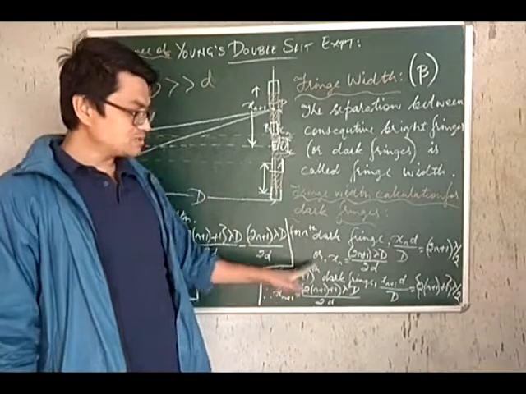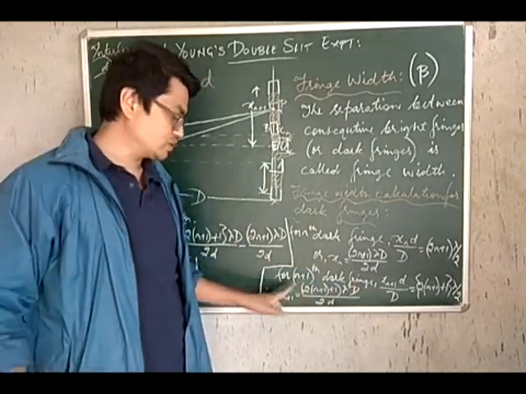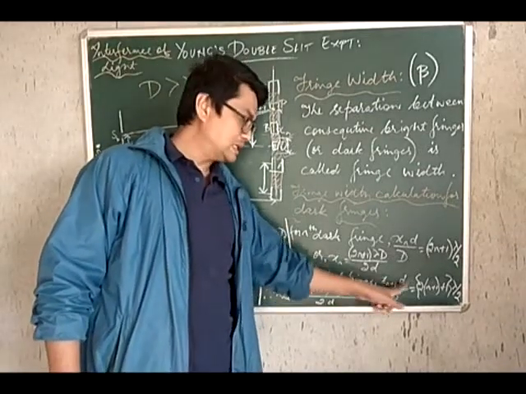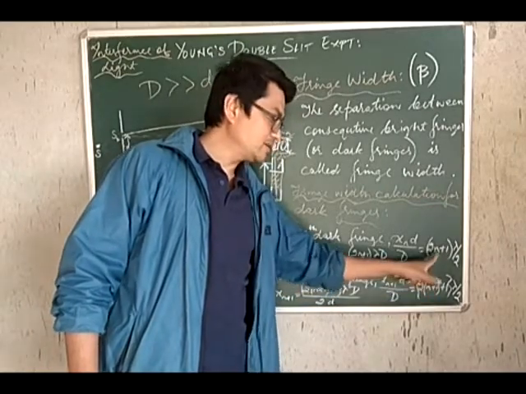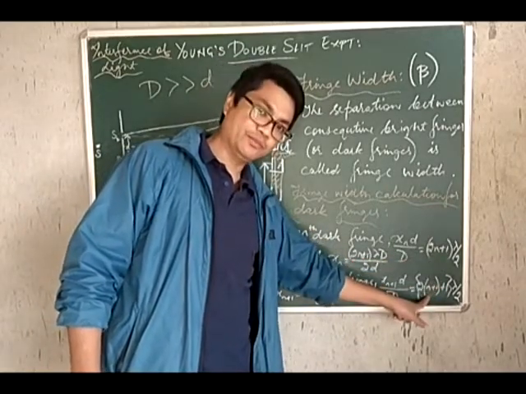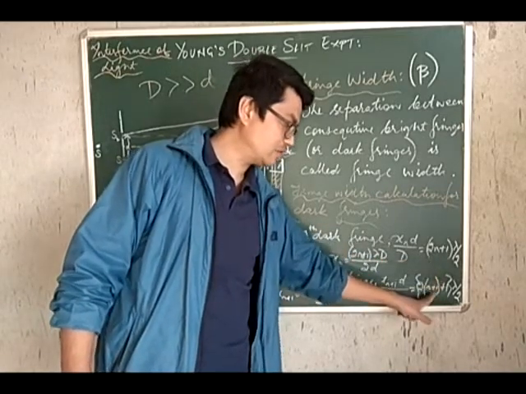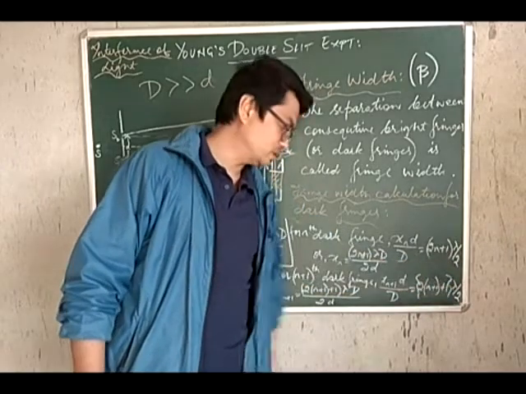Likewise, for the n plus 1th dark fringe, the consecutive dark fringe, we have x(n plus 1) d by capital D is (2(n plus 1) plus 1) into lambda by 2. Instead of n, we have n plus 1 now, because we are talking about the n plus 1th dark fringe. Every other thing is the same.